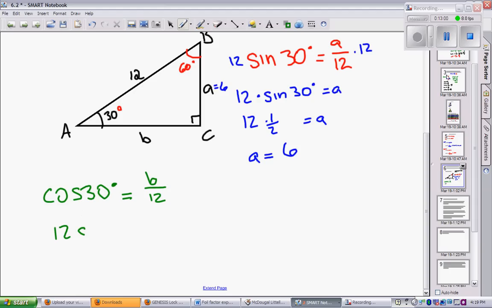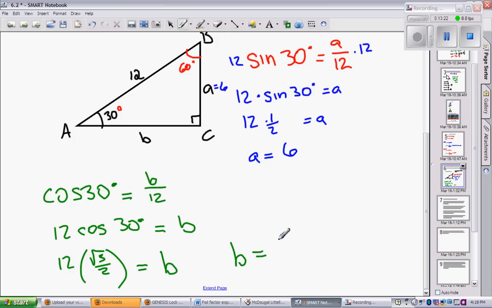So 12 cosine of 30 degrees equals B. Cosine of 30 degrees is √3 over 2, which you know from your chart. Work it out to get B. B goes to 6√3.